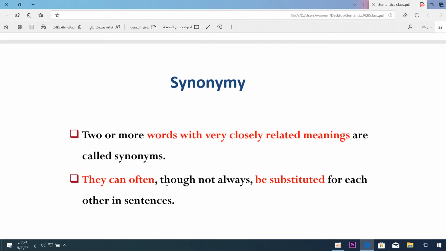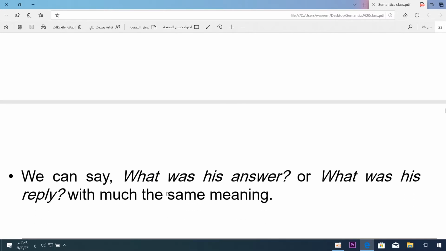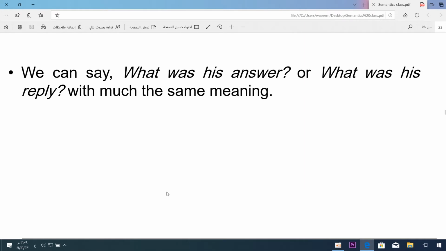We can say, what was his answer? So this is a clear-cut example of words that are synonyms. Or what was his reply? Well, I asked Muhammad a question, but he didn't reply, he didn't answer. So we have the word respond. I asked him a question, but he did not respond. Okay, the phone is ringing.